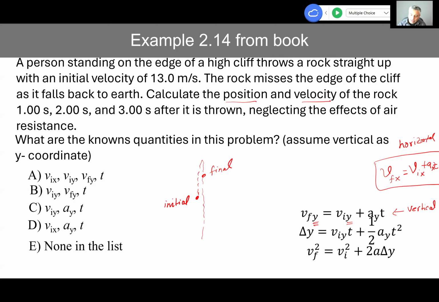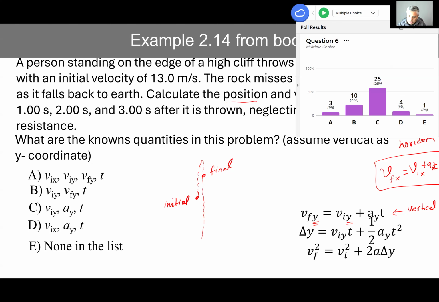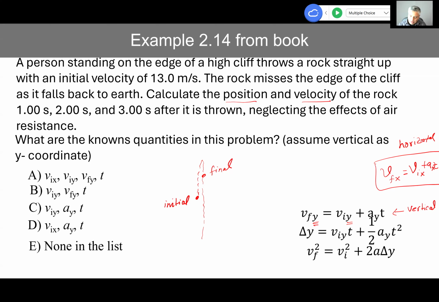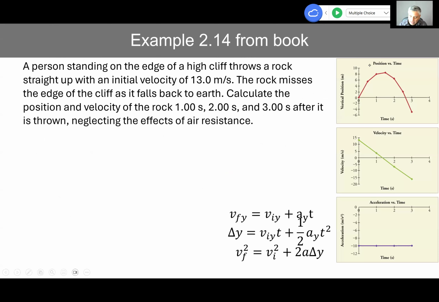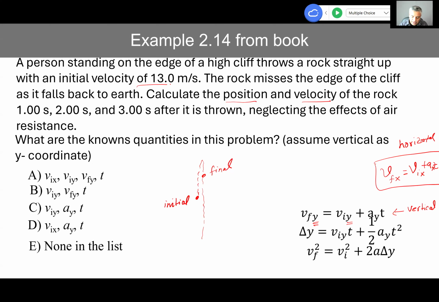Okay, let's see what we got here. So mostly C. Let's see. A person is standing on the edge of a high cliff, throws a rock straight up with an initial velocity. So the initial velocity we know, so that means v_iy is 13 meters per second.